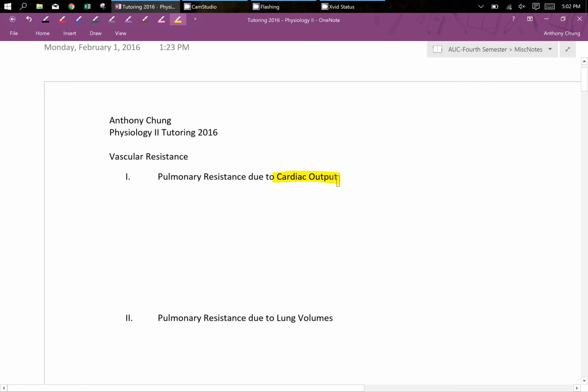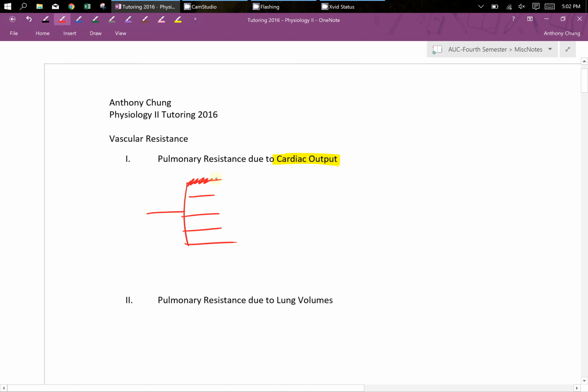So what happens? The heart starts to pump more. There's going to be more blood going to your blood vessels. And the way that your lungs are arranged is that some of them are being used at any one point. Sometimes when cardiac output increases, they recruit other ones.